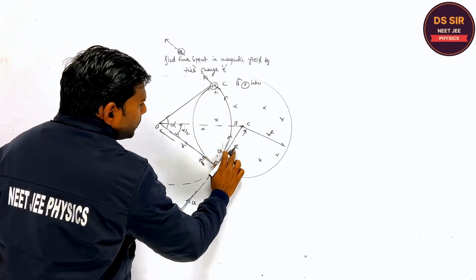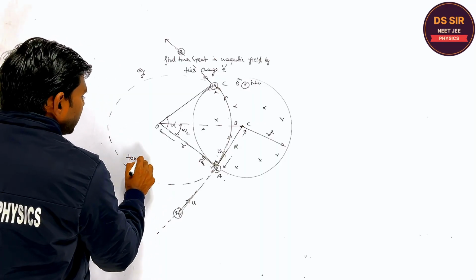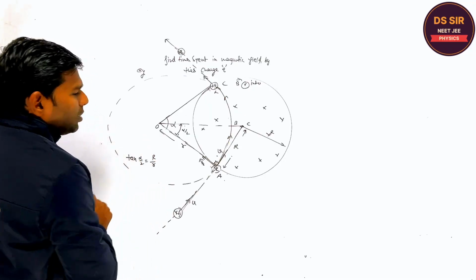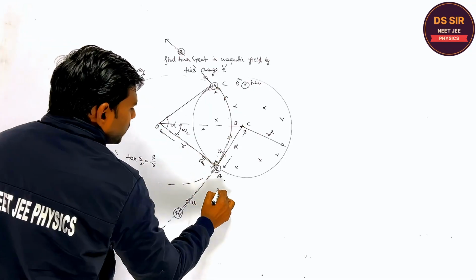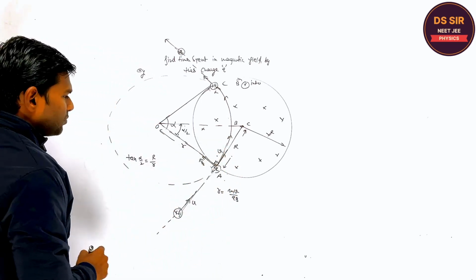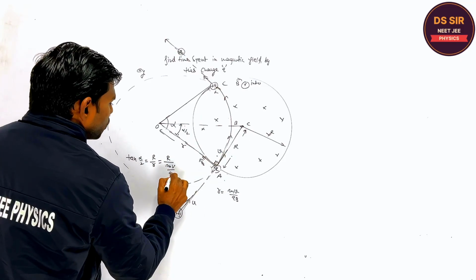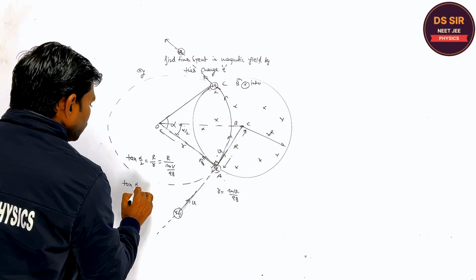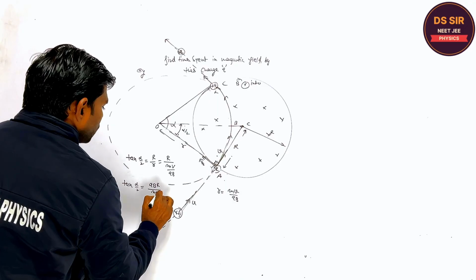What is the relation between capital R, small r and alpha by 2? You will write tan alpha by 2 is equal to perpendicular upon base, that is R upon r. What is the radius r? It is mv upon qB. So tan alpha by 2 is nothing but qBR upon mv. Is it fine?